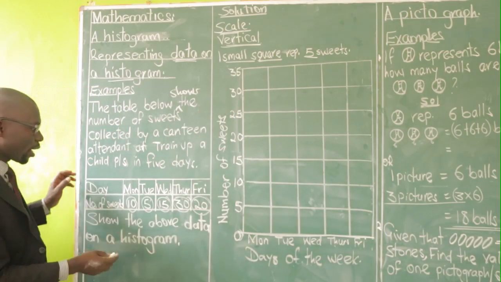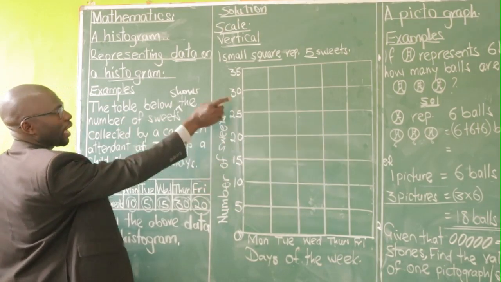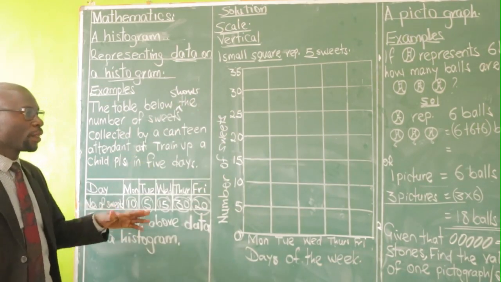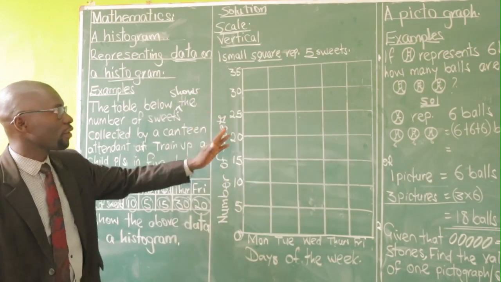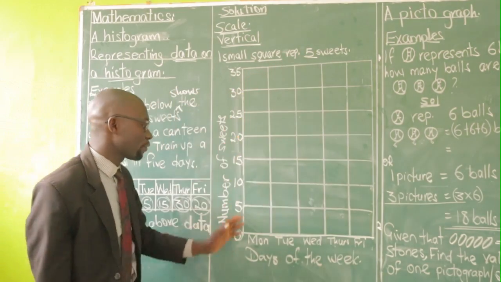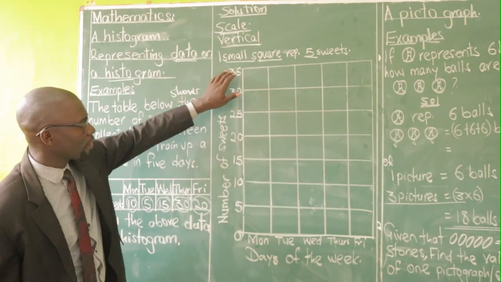We have to go with this order. As we count in the 5s, if our scale is representing 5, we have to go in the 5s. 5, 10, 15, 20, 25, 30, 35.